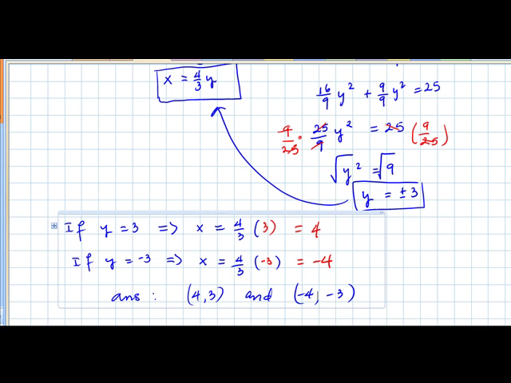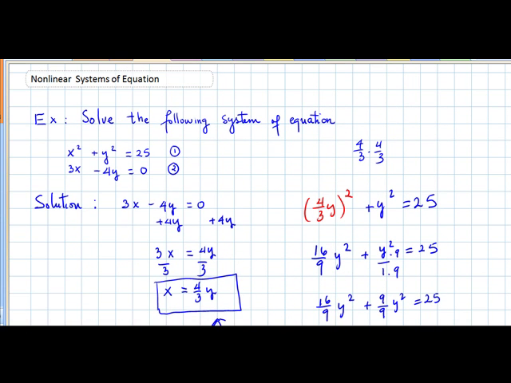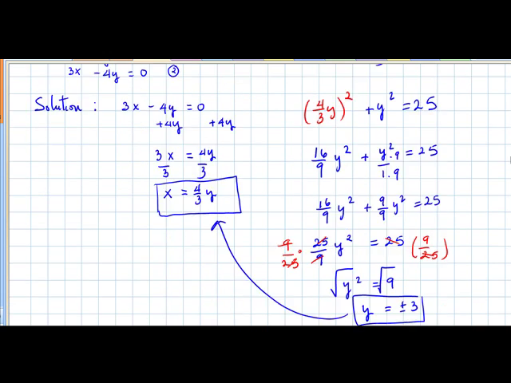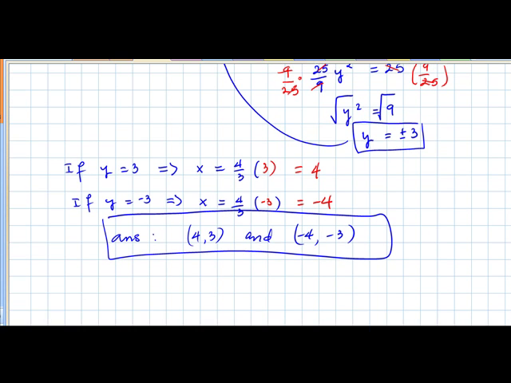If you'd like to check your answer, then you need to take this solution and substitute back into our equations from here. And if the statements of both of them come out true, then our solution is correct. I know our solution is correct, so I won't check it. I leave it for you to check the answer.